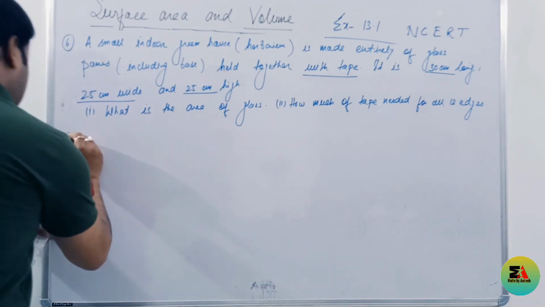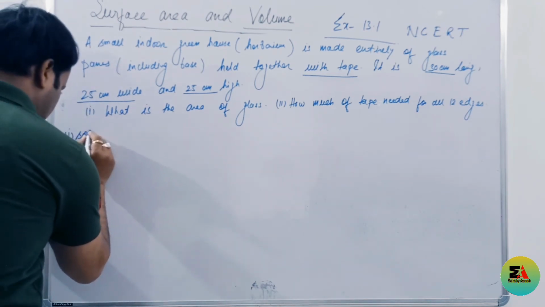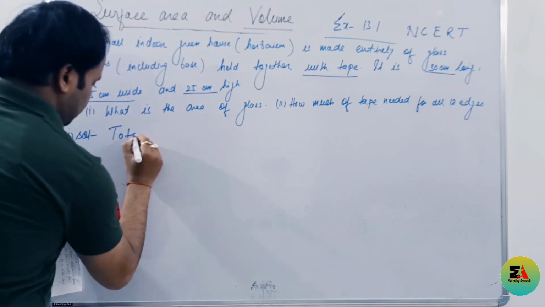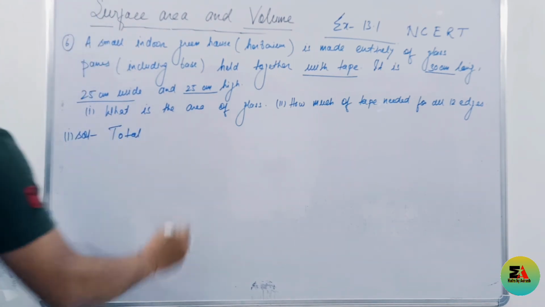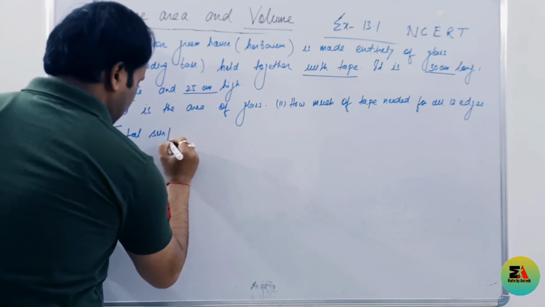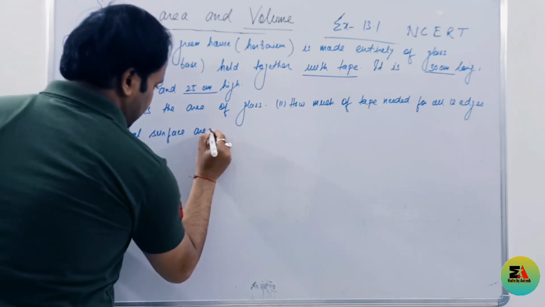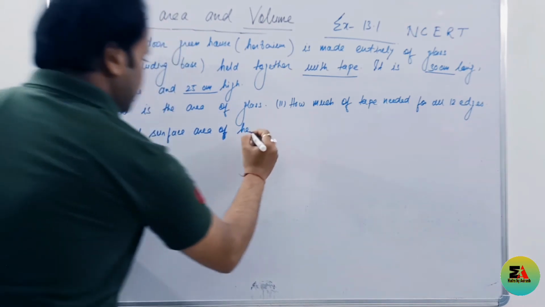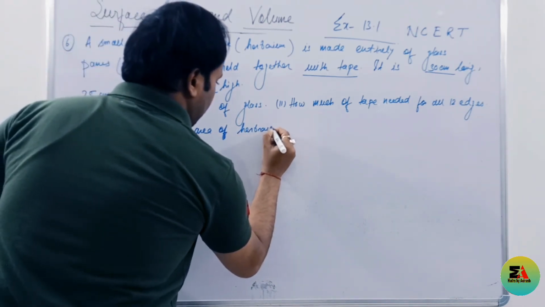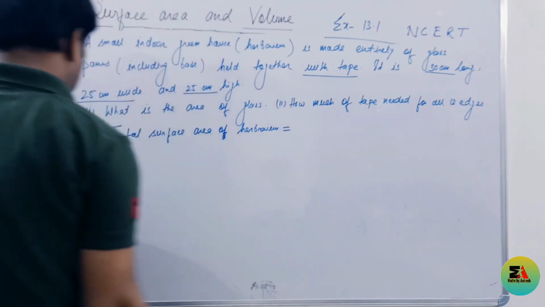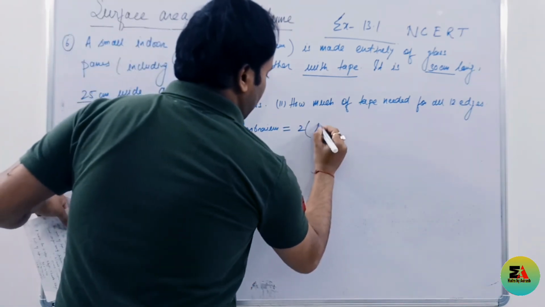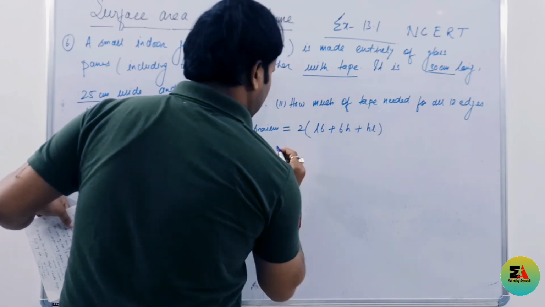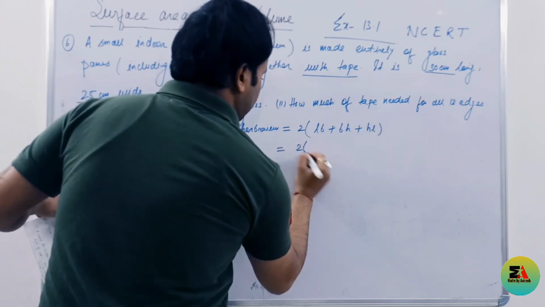Now we have to solve the first case. Total surface area of the herbarium is, we know the formula, twice of L into B plus B into H plus H into L. Substitute all the values.